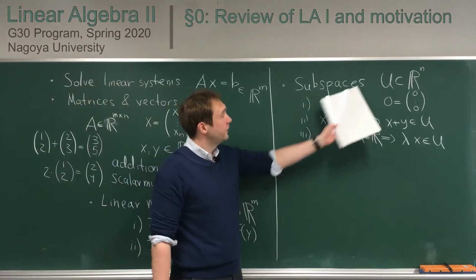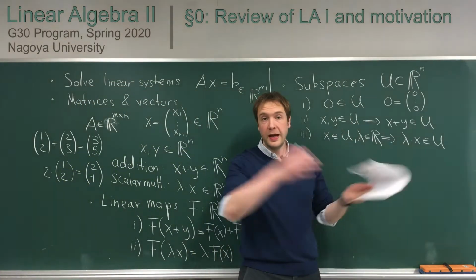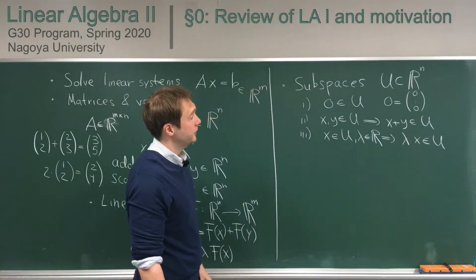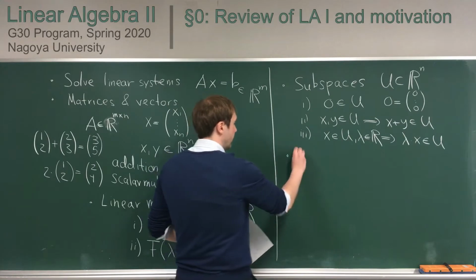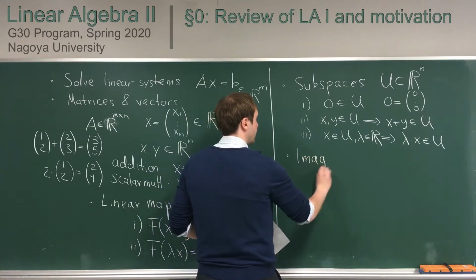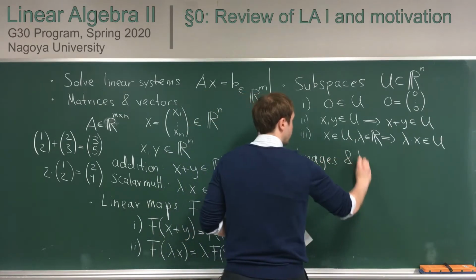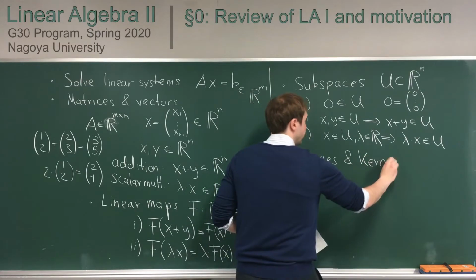For example, if we are in R2, then lines through the origin were examples for subspaces. And other examples we studied were images and kernels of linear maps.